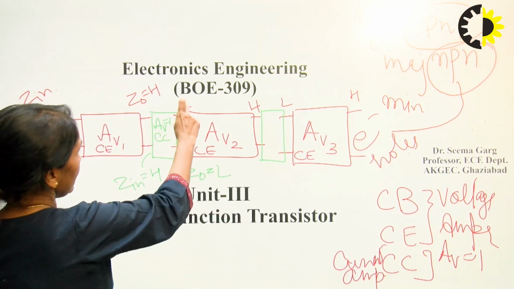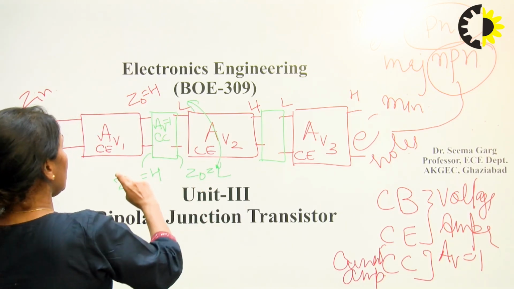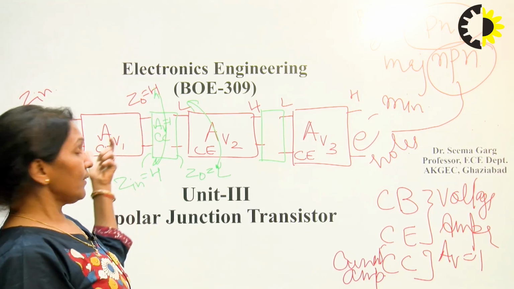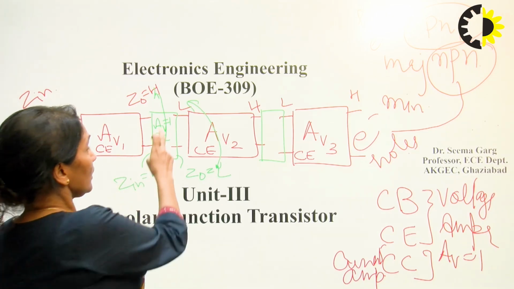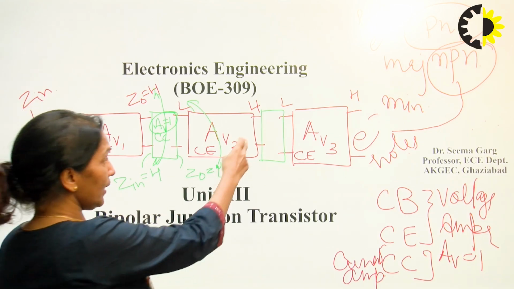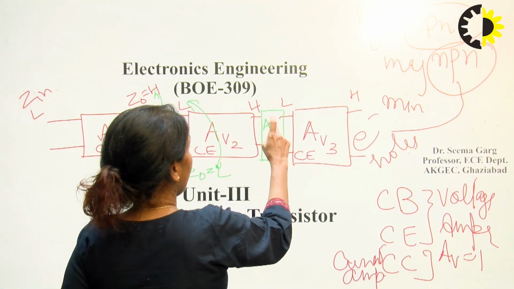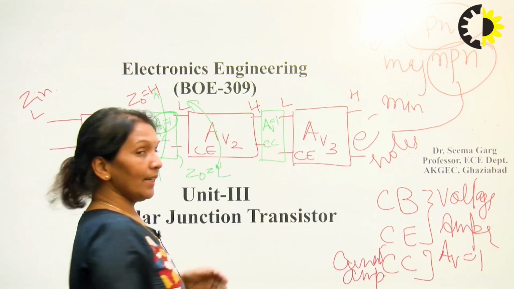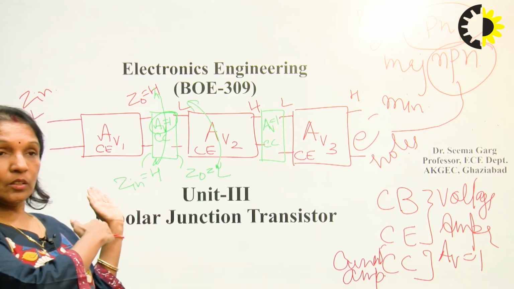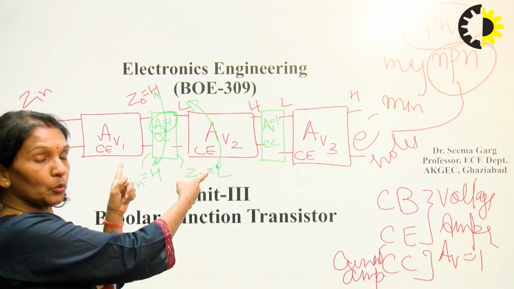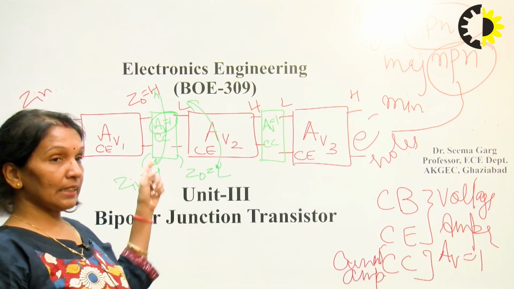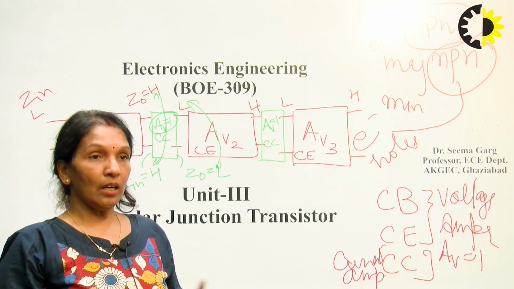Here you can see there will be matching between the impedance of the common collector and the common emitter, and it will transfer the gain from the first stage to the next stage. Similarly, here also you can connect the common collector. So basically it is an amplifier which does the impedance matching between two subsequent stages of the voltage amplifier without sacrificing its gain, and so reduces the loading effect.